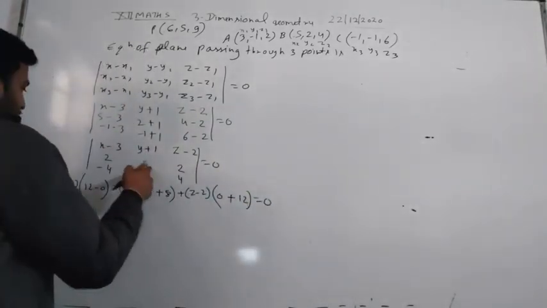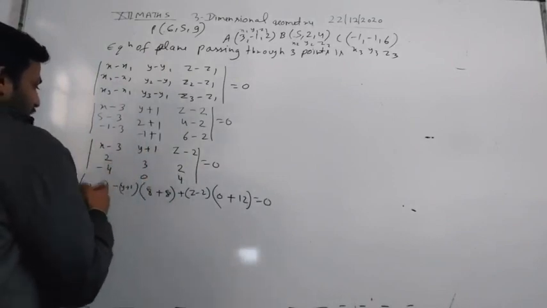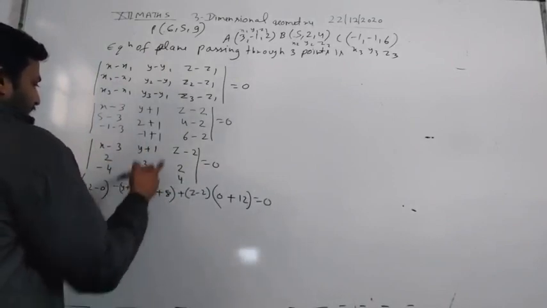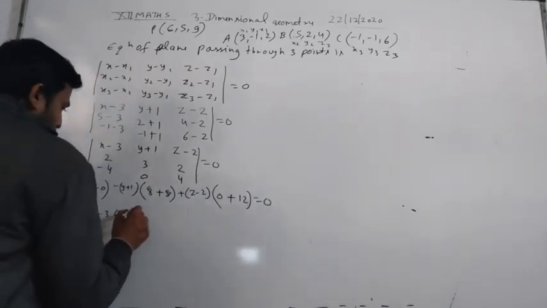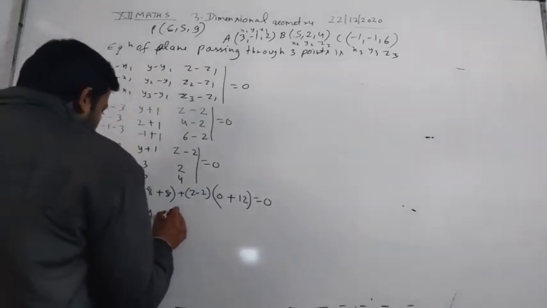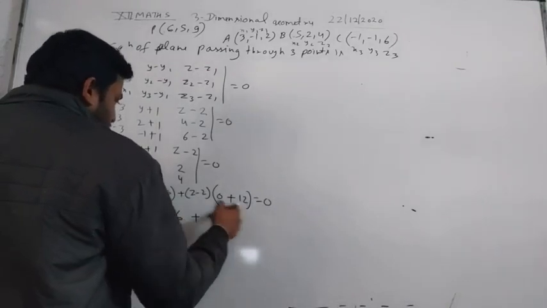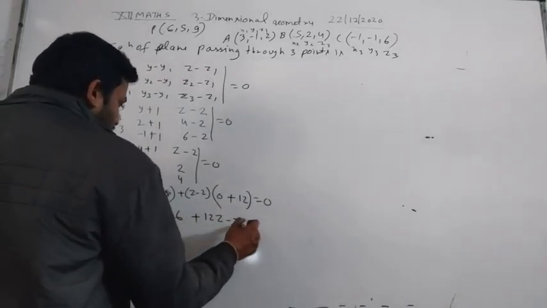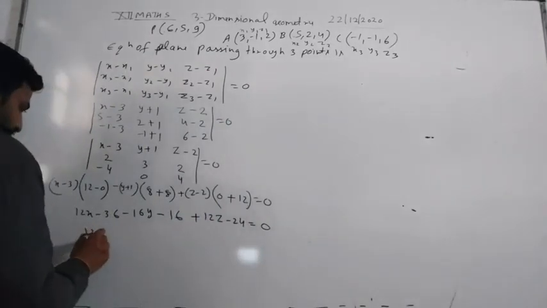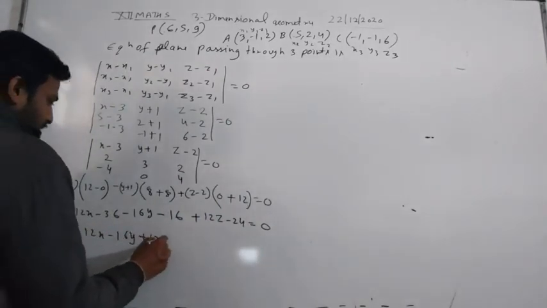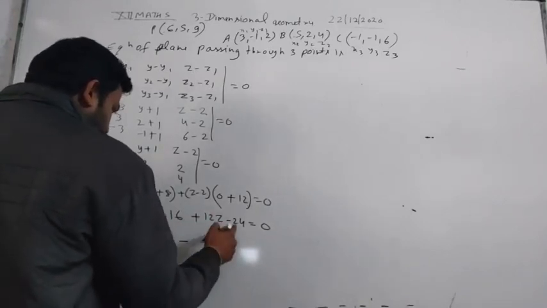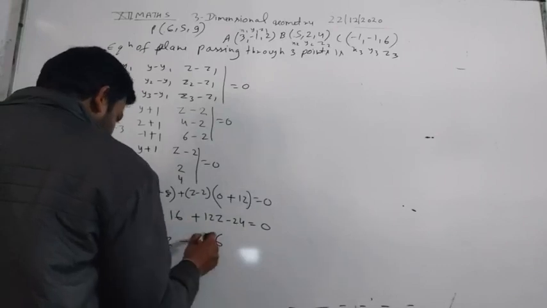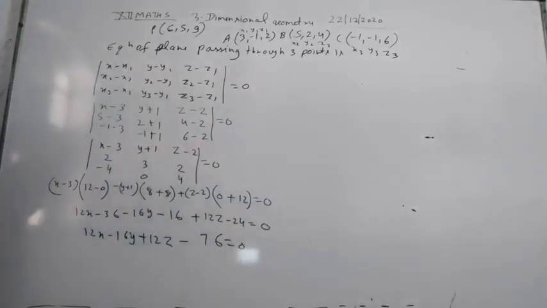So 18x minus 54 minus 12y minus 12 plus 12z minus 24 is 0. So 18x minus 12y plus 12z minus 90 is equal to 0 student.